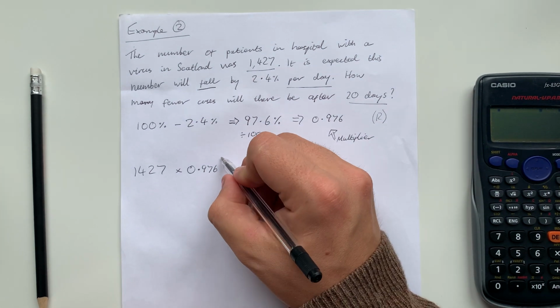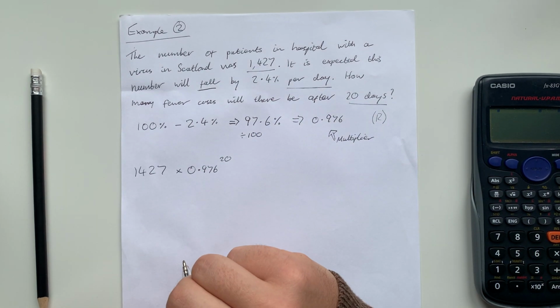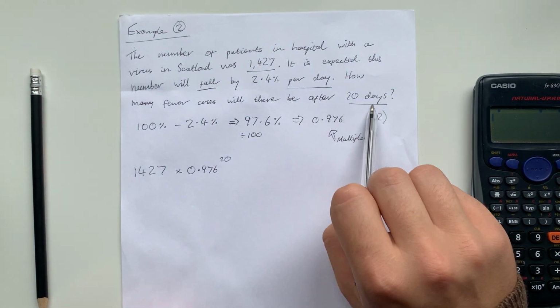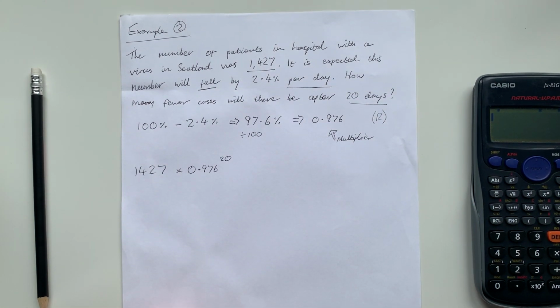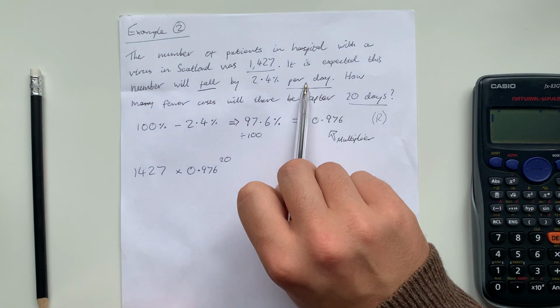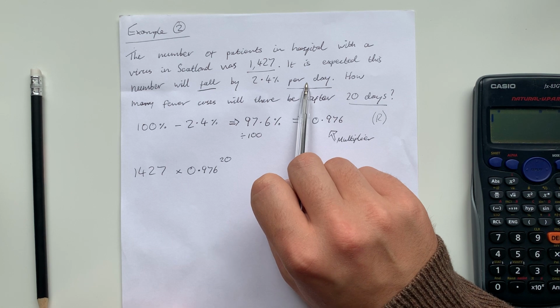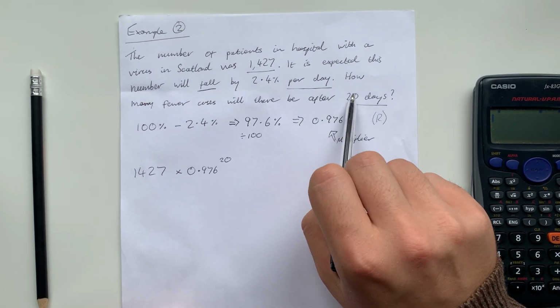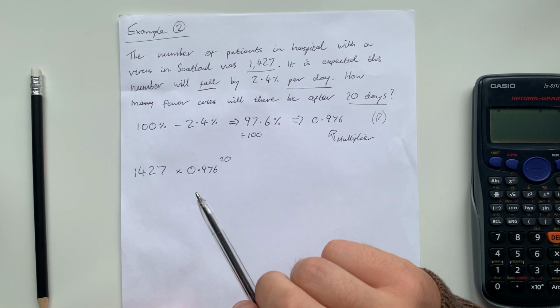So we're going to raise it to the power of 20. And that will always be the same, no matter what your time units are. If it's an interest rate per year, number of years, the increase in something per month, number of months, and so on and so forth, this will always be the power that you raise it to.